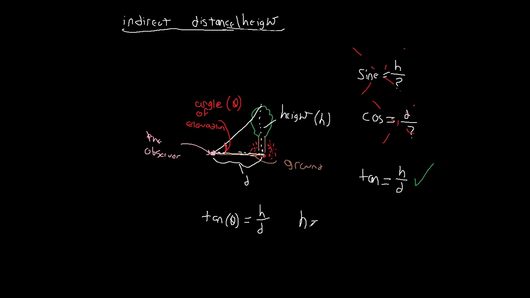So h is equal to the tangent of theta times the distance we are away from the object. So this equation, the height of the object is equal to the tangent of the angle of observation, or the angle of elevation, times the distance you are away from that object. This is the indirect distance or indirect height equation. Hopefully that makes sense. And in the next video, we're going to go through some examples of actually using it.